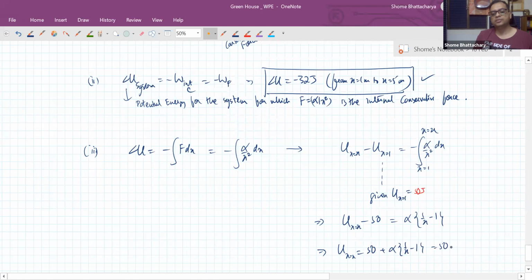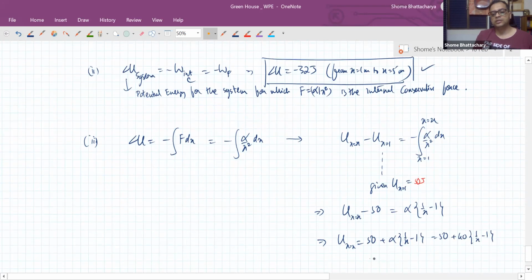So that is 50 plus 40 into 1 by x minus 1. So that is 10 plus 40 by x. So this is the potential energy as a function of x in joules, where x is in meters.